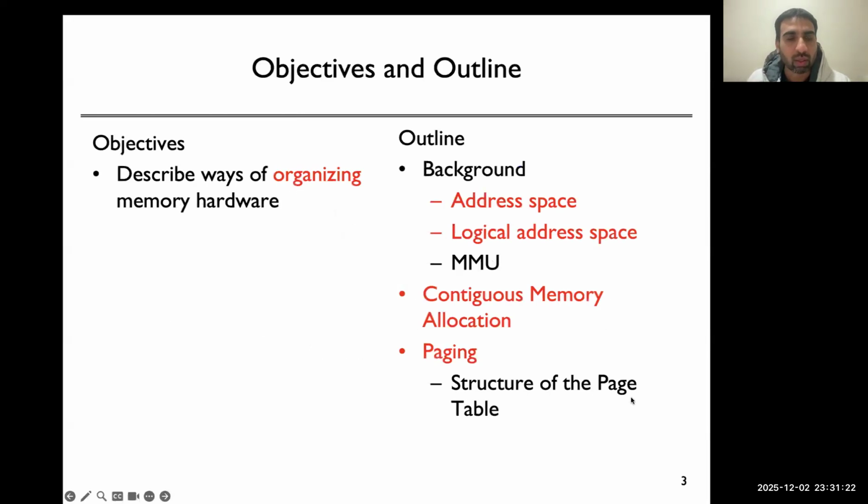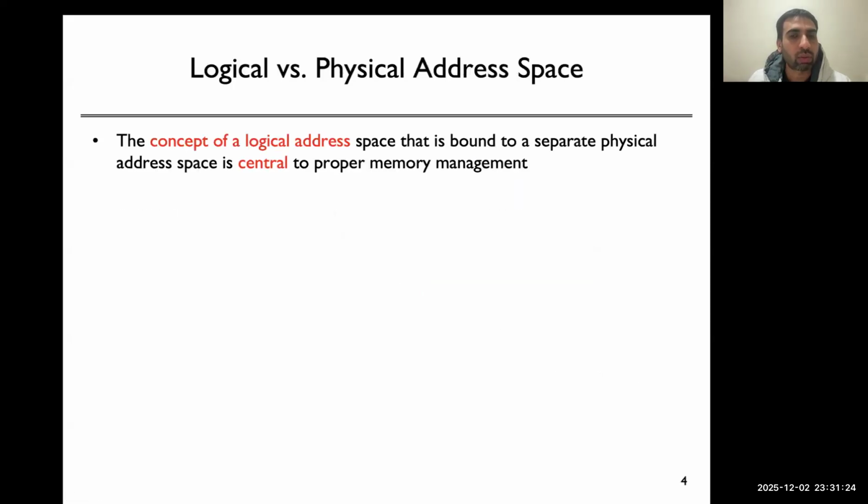So today we will continue the same discussion. Remember last time we started talking about differentiating between two types of addresses, logical address and physical address. The logical address is one which is generated by your program, and the physical address is the actual location on the chip where your data is stored. These two addresses can be the same or different.